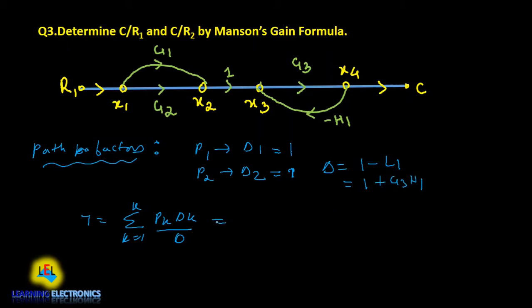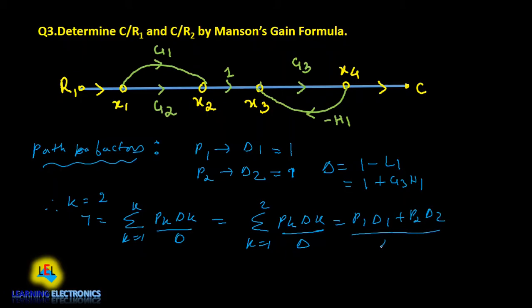Because we have found two forward paths, K will be equal to 2. So this will be sigma k equals 1 to 2 of Pk del k divided by del, which is P1 del 1 plus P2 del 2 divided by del.